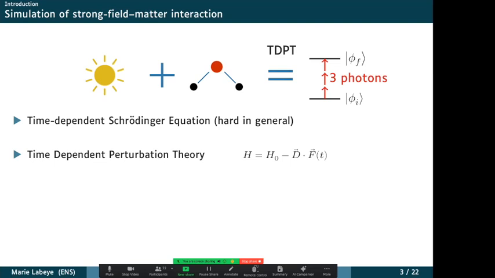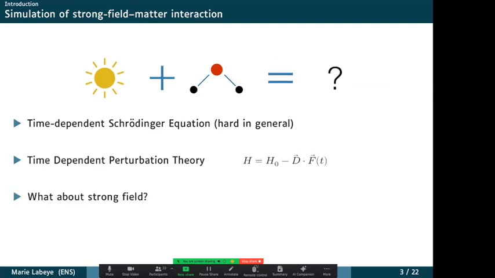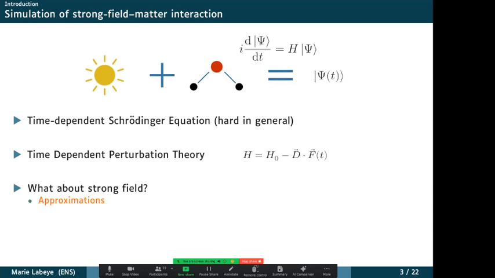So this is really great to understand many processes happening in light matter interaction, but in some cases it's not enough. Basically, if the field is too strong, it cannot really be considered a perturbation anymore, and we are kind of stuck with time-dependent perturbation theory. But we still can say some things, and to be able to solve things, we need to make approximations.